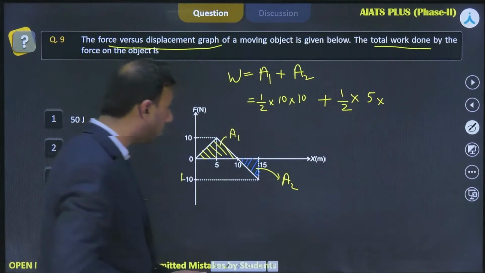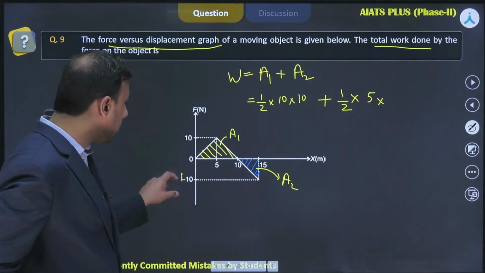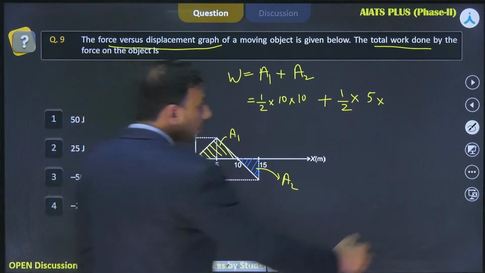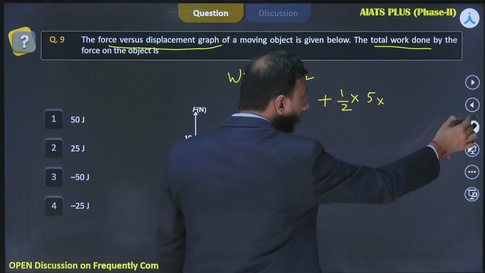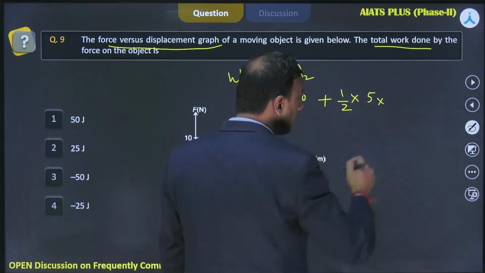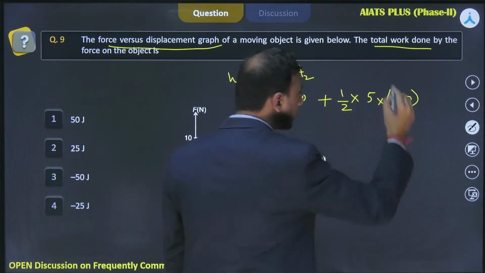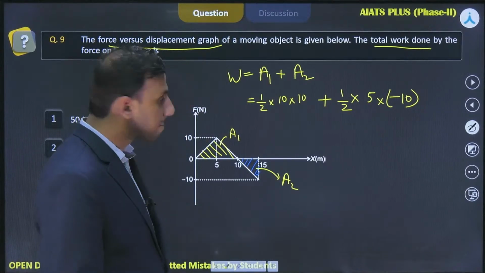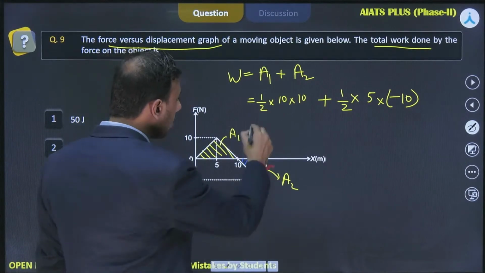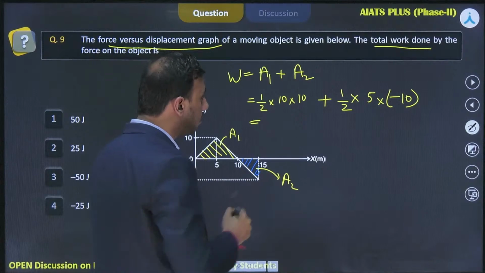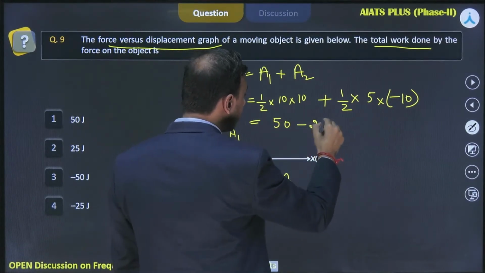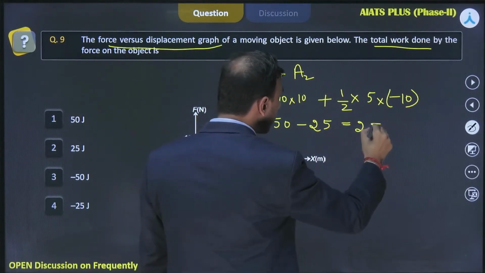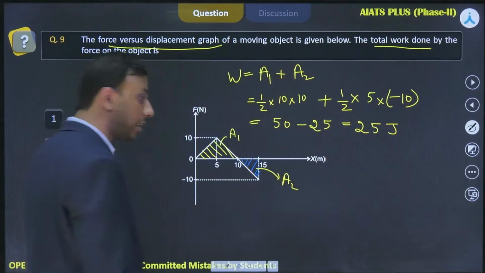Height is how much? This one. Height is 10, but we will write minus 10. So you just have to solve it, right? 10 into 10, 100 by 2, 50. 50 by 2, 25. So the answer would be 25 joule.